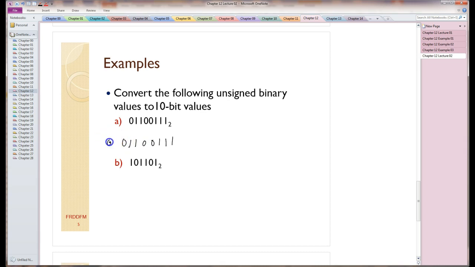It's an 8-bit number. I'm going to add 2 bits on the end of this thing, and suddenly it's a 10-bit number. This one is 1, 0, 1, 1, 0, 1. That's 6 bits. If I want to make it into 10 bits, I add the other 4 bits to this thing, and suddenly it's a 10-bit number. So this is zero extending it like you are used to using before.